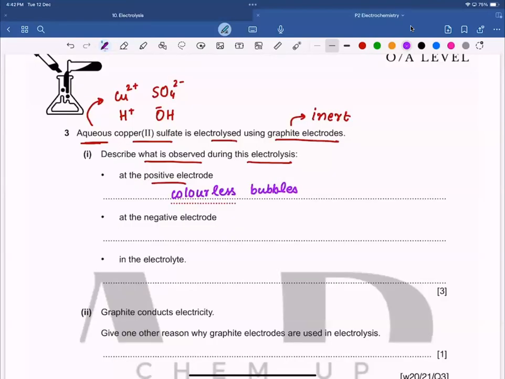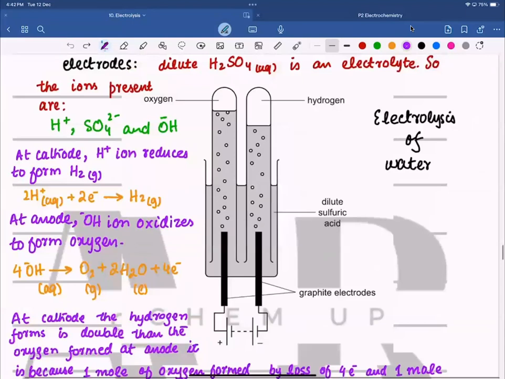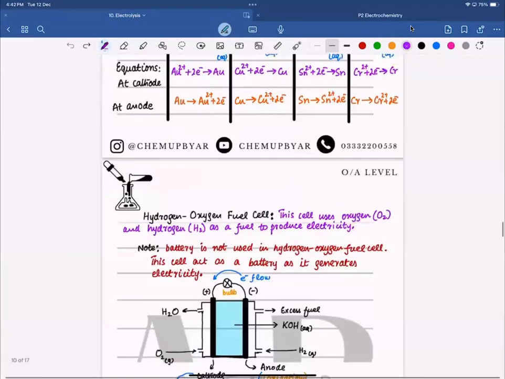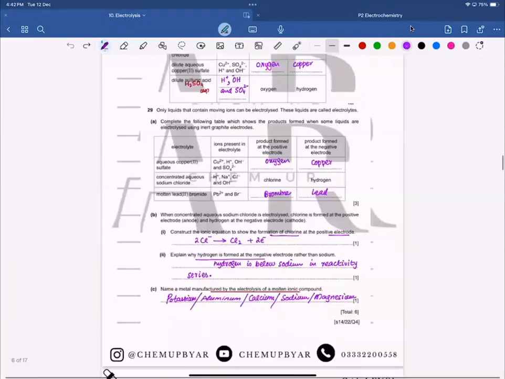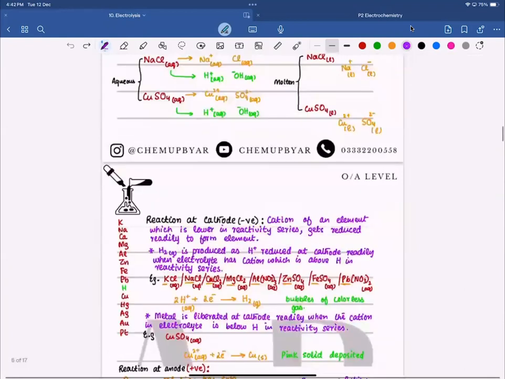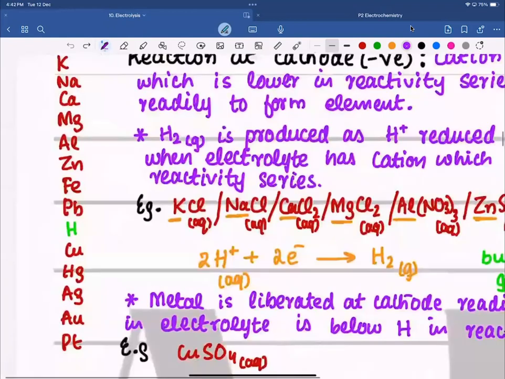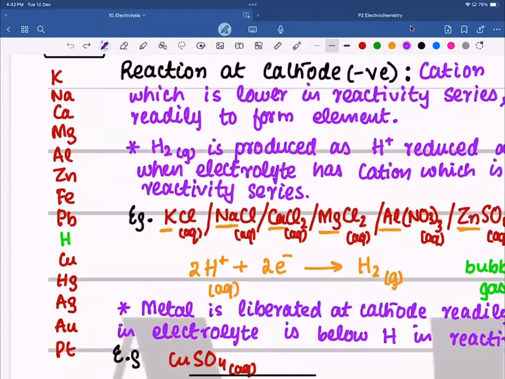Now, at the negative electrode, which ion will reduce, hydrogen or copper? None of you have remembered the reactivity series. We have just discussed that the one which is lower in the reactivity series reduces. If you look over here, you can find hydrogen and copper below it.